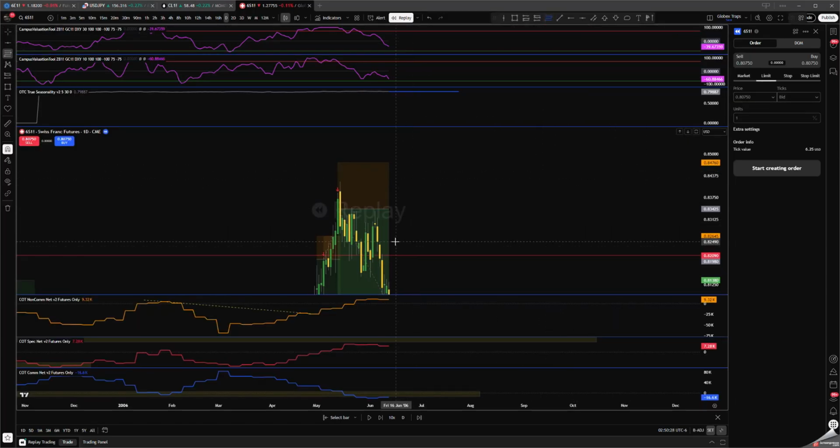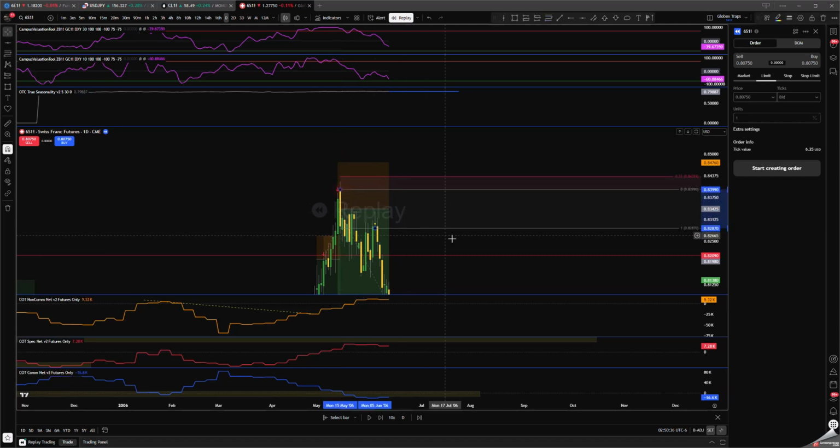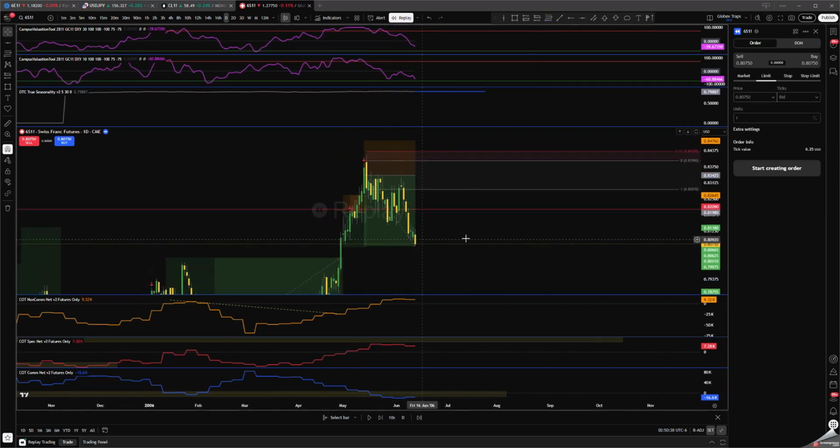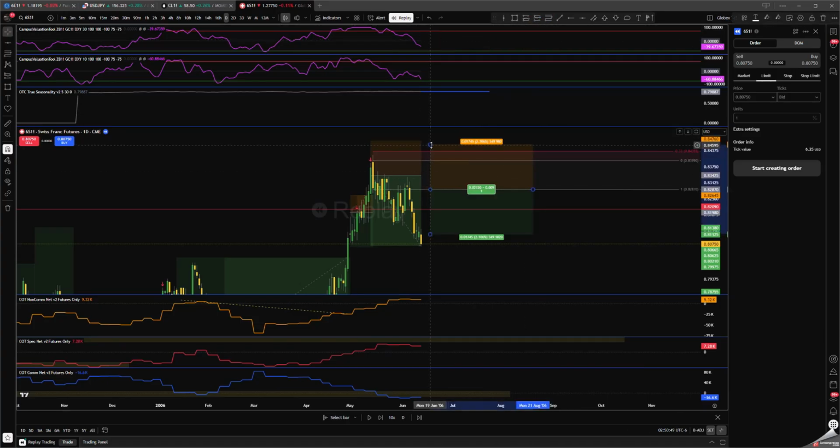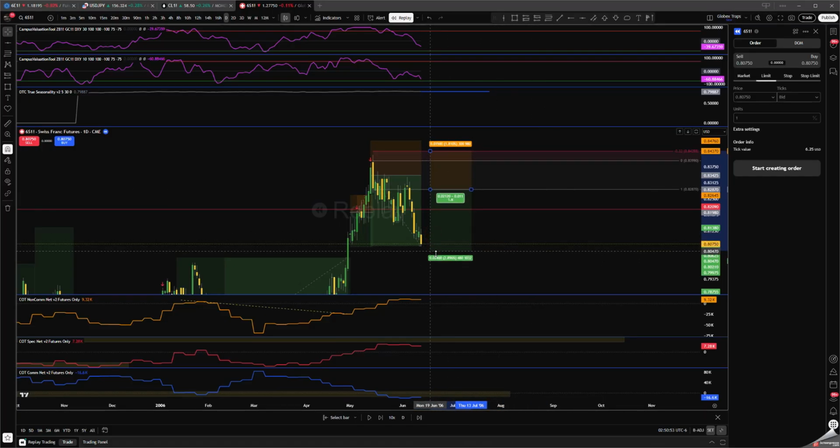There's a really good supply area here, and we would like to time it like this on the daily, and I see this pivot is broken, so I would expect another lower high. And our bias is still bearish, so we are in the good.